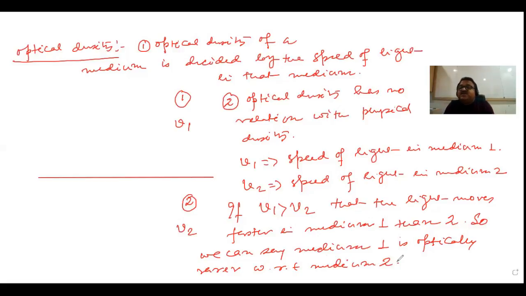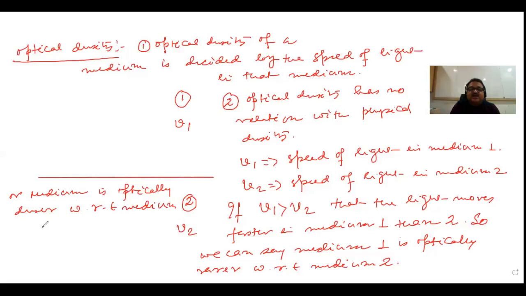This is on the basis of comparison, correct? Or we can say medium 2 is optically denser with respect to medium 1. This is the meaning of optical density, and by which we can say it is rarer medium or denser medium.